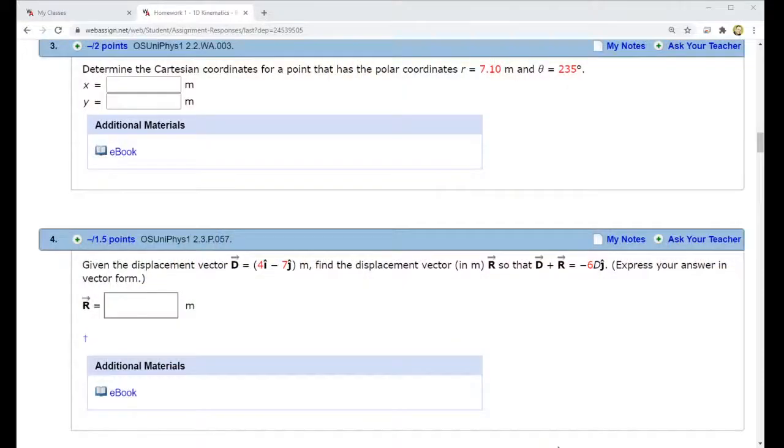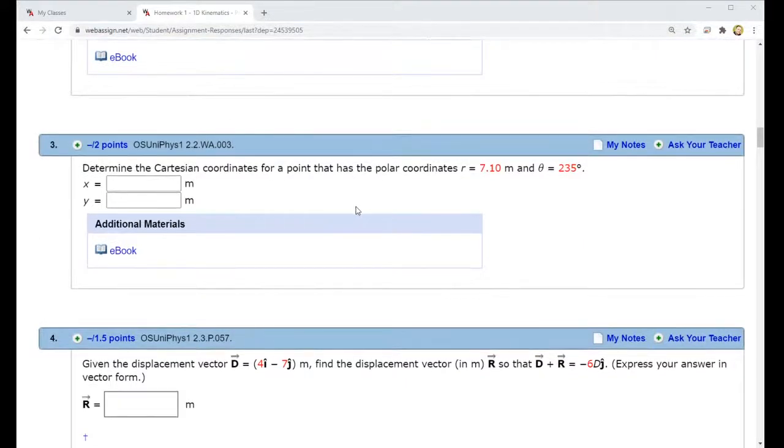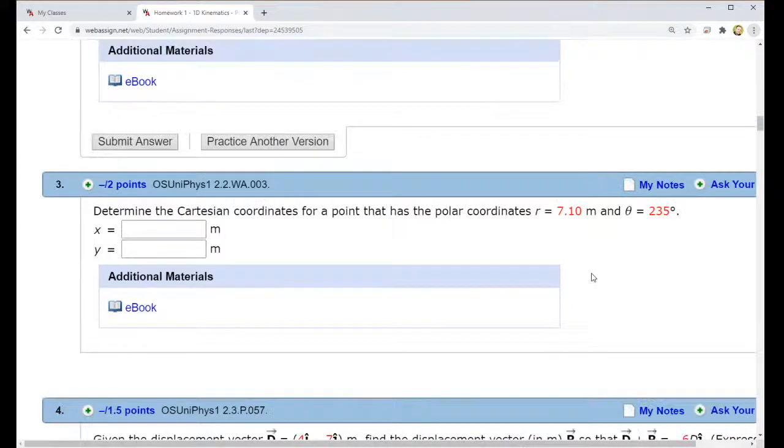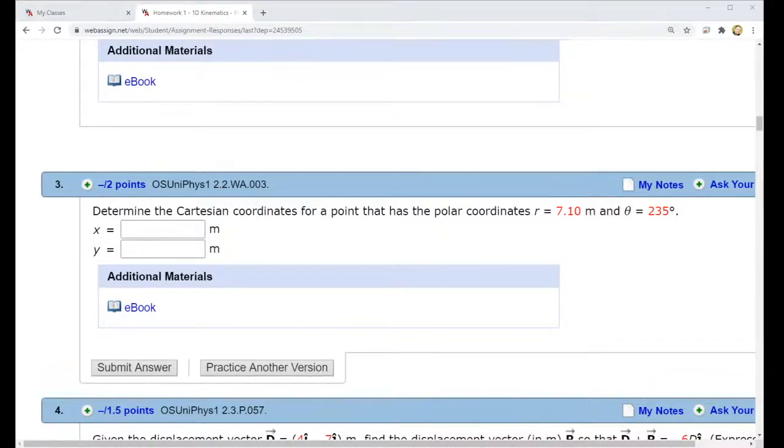All right, so let's take a look here. So here is a problem where you are given the polar coordinates to represent a vector, and in my case it's a displacement vector. It has a magnitude of 7.1 meters at a direction of 230 degrees. Let me make this bigger. This might look a little small on your screen. There we go.